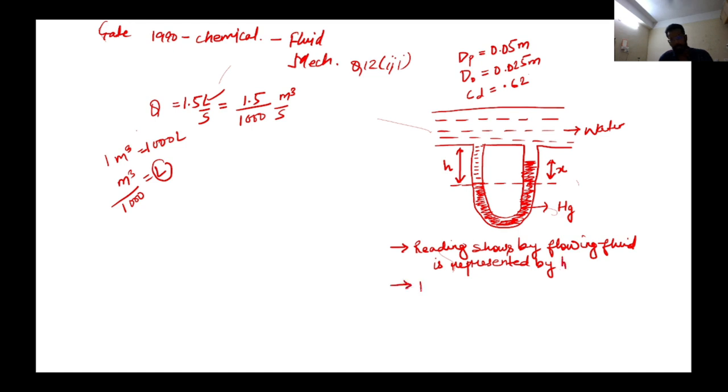And the reading shown by the manometric fluid, it is not necessary that the manometric fluid is always mercury, it could be different in some cases, is represented by x.